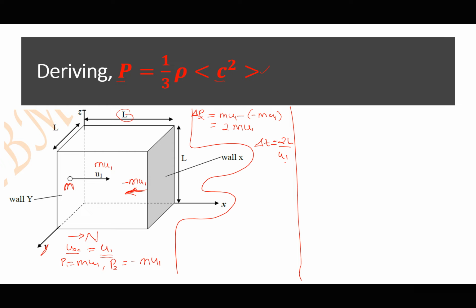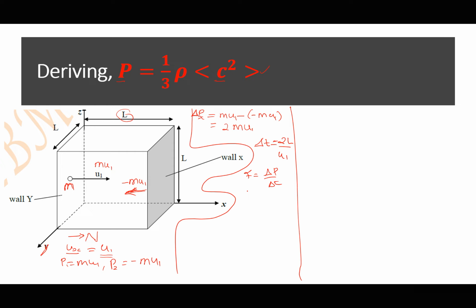So I can now find the rate of change of momentum. Remember, by Newton's second law, the rate of change of momentum is the force. So I am going to find the rate of change of momentum, which will be the force exerted by this molecule on this wall.